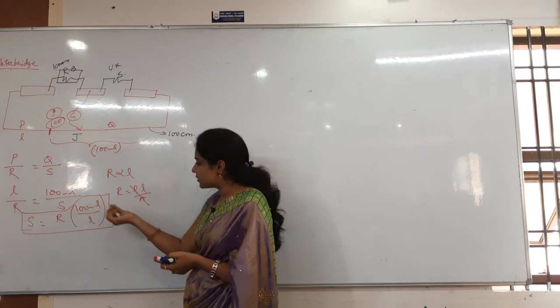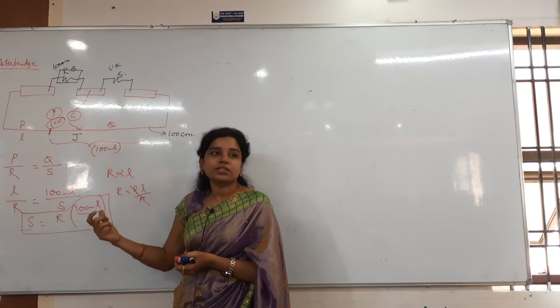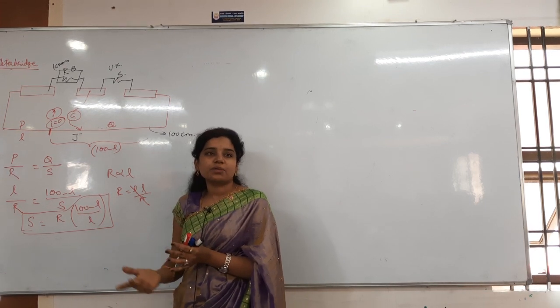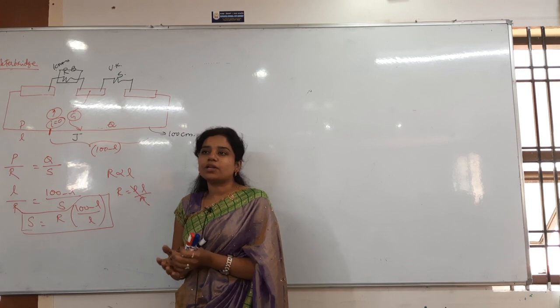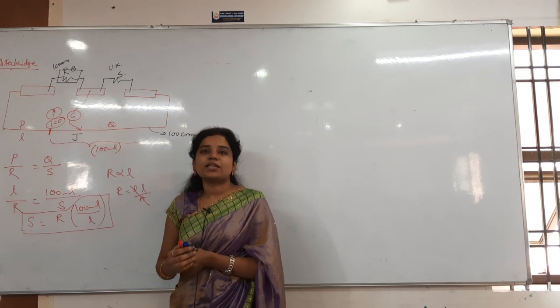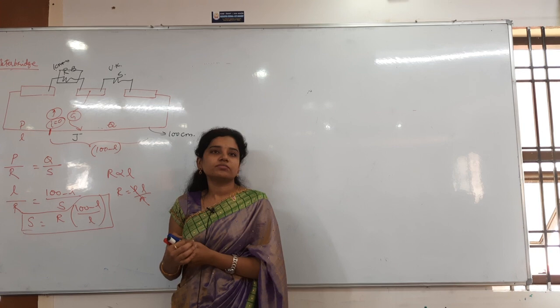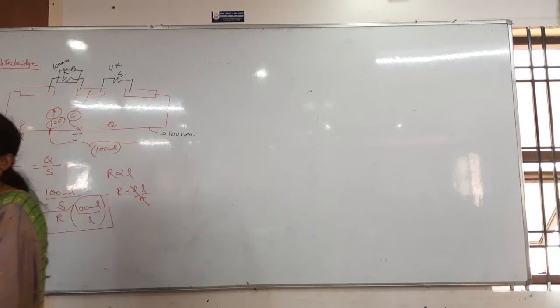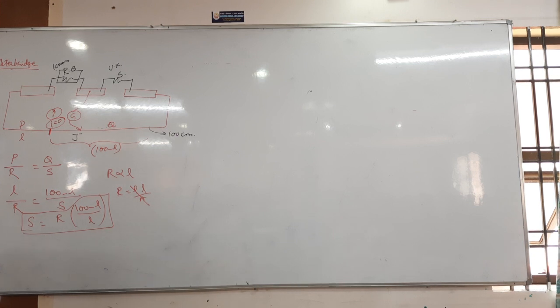Otherwise, they will give this length value directly. Sometimes they will give the ratio also, at what ratio of the length it is balanced. For example, at 25% of the length the bridge is balanced, that is, it balances at L by 4. 25% is L by 4 only, right? 50% is L by 2, 30% is roughly L by 3, though actually a little less than that.